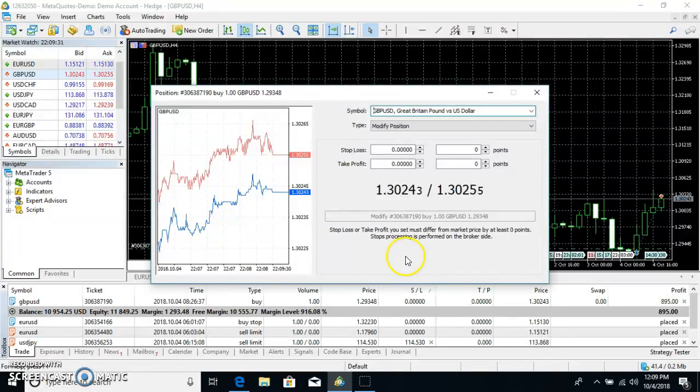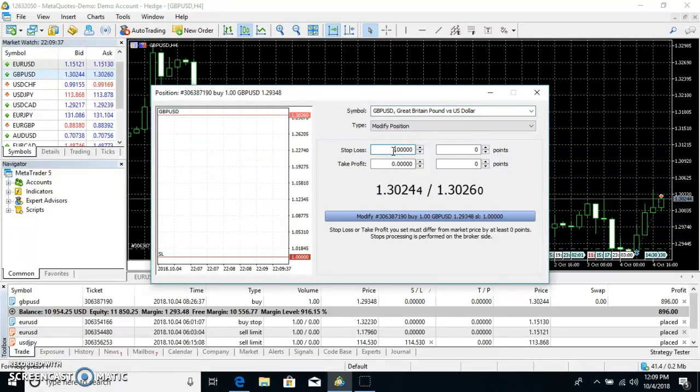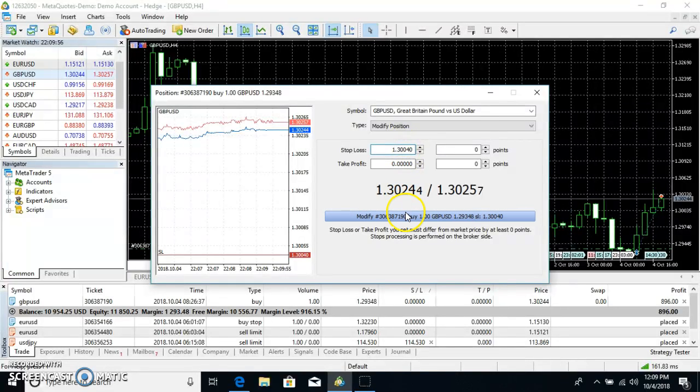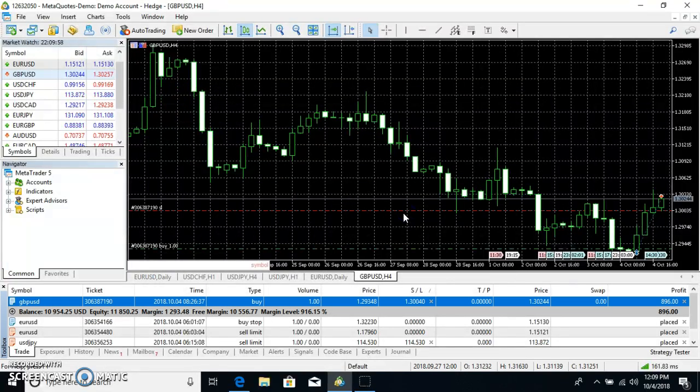That's what we got in. The price is 1.3024. It's about 90 pips. So we want to put the stop loss 20 pips below that: 1.3004 stop loss. And we'll just ride it till the wheels fall off.